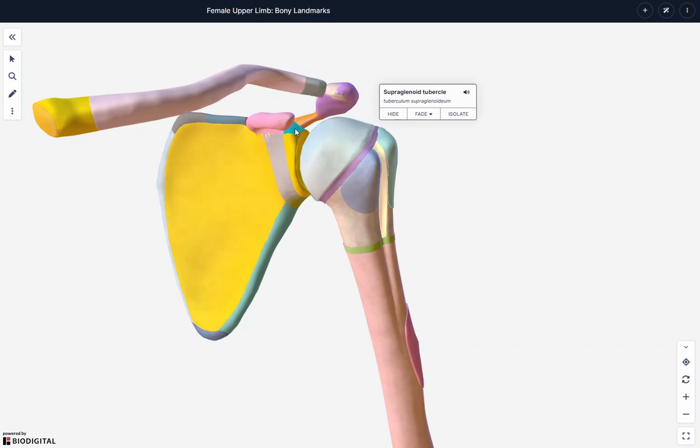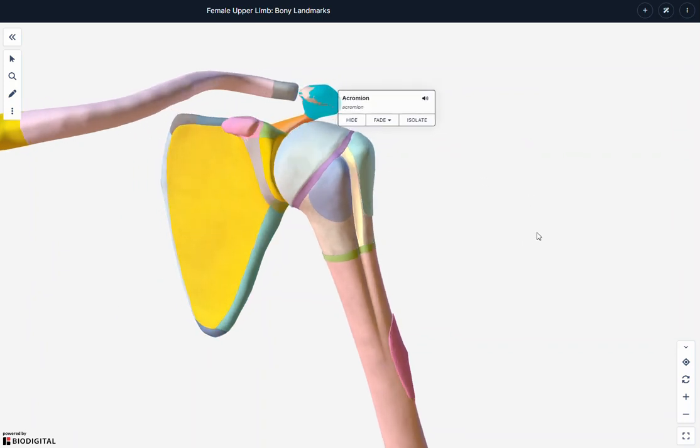We don't spend a whole lot of time trying to find that little guy and labeling him on the x-rays as radiologic technologists, but we do spend a lot of time identifying the glenoid fossa and its relationship between the humeral head on our shoulder x-rays and humerus x-rays. Once again, coracoid anterior, the acromion posterior.